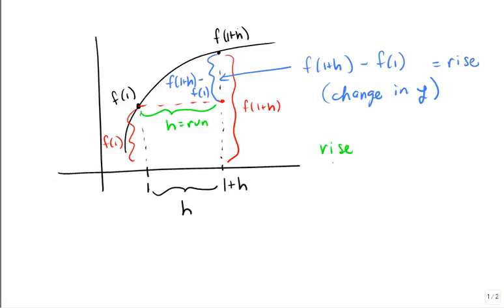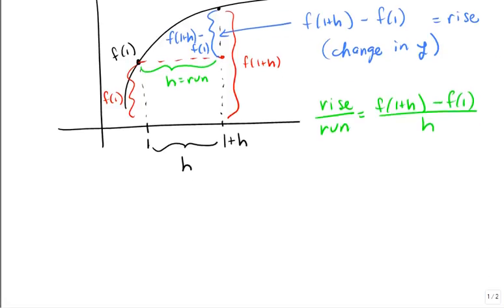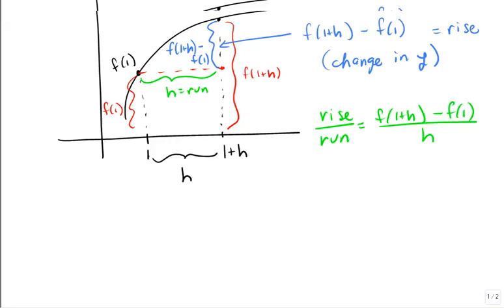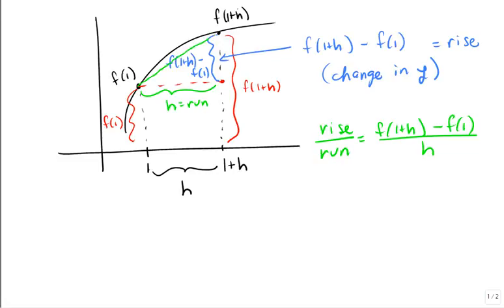So again, rise over run is f of 1 plus h minus f of 1 all over h. Okay, so that's just labeling everything so you get a picture of what this is. And here's the secant line, and that's going to be the slope of that secant line.